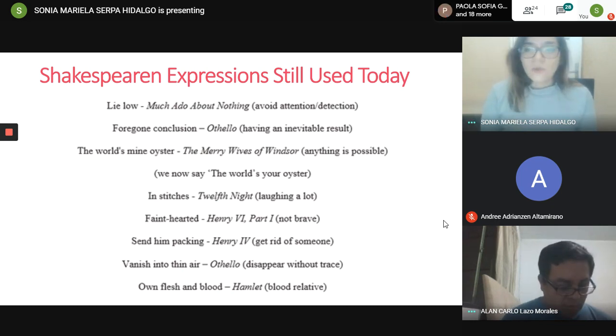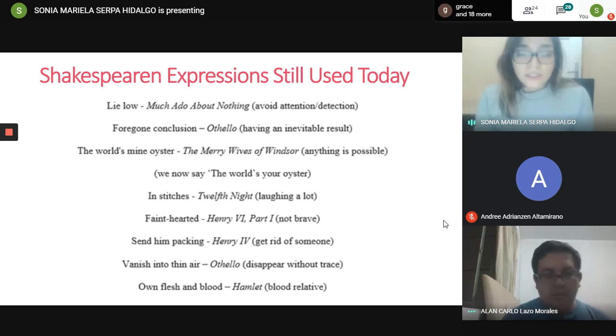These are words that are from Shakespeare's works. Has anyone heard these expressions in their conversations, or maybe in their English teaching books? It's possible you might have already stumbled upon these words because they're still used now.